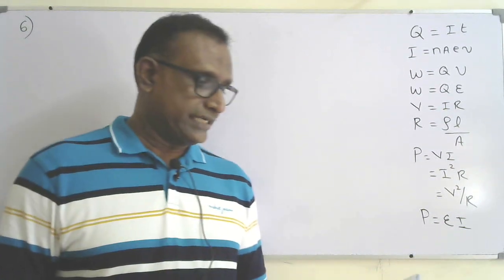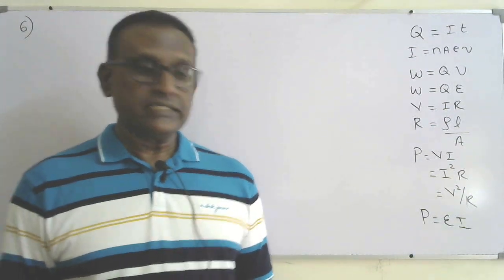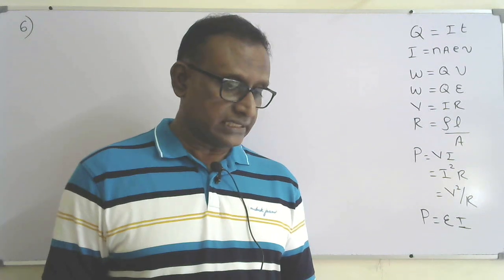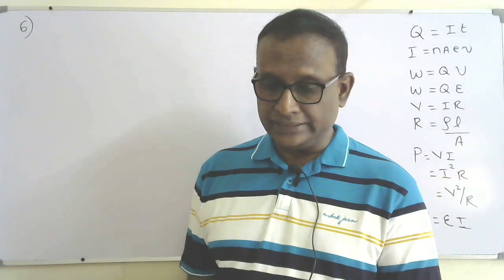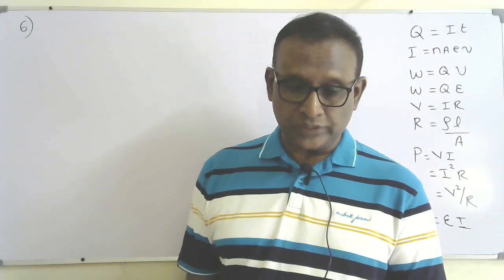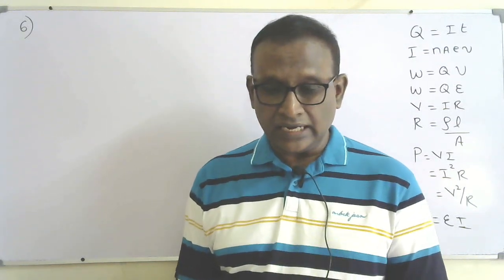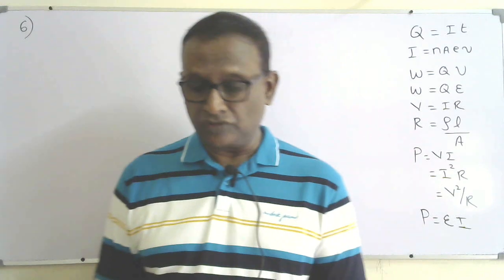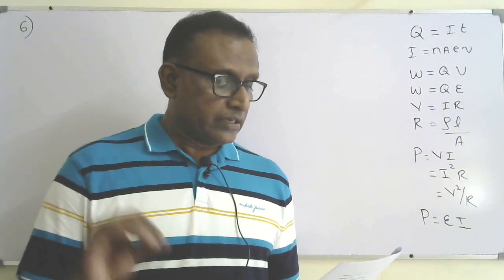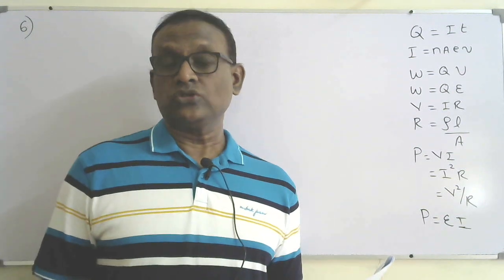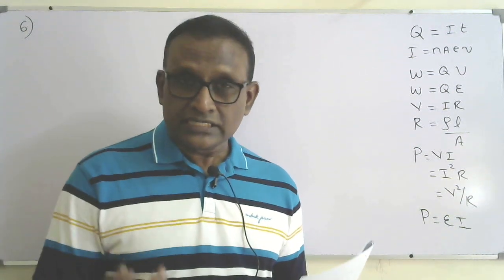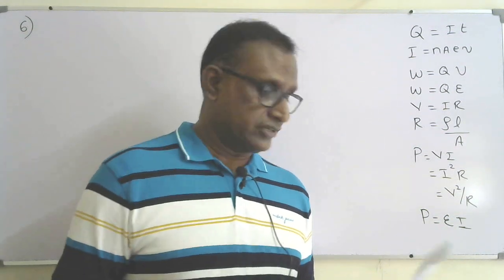Okay, the sixth question. A 500 watt electric toaster operates from a 230 volt mains. First part of the sixth question, calculate the current in the heating element of the toaster. So we know the power of the electric toaster, that means the power dissipated or the power consumed by the electric toaster. Both refer to the same thing.